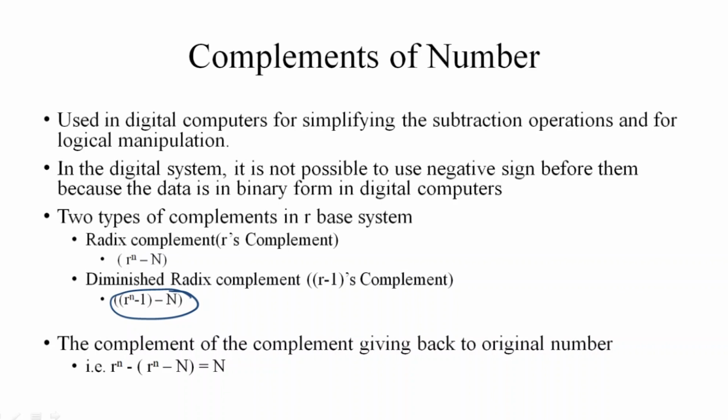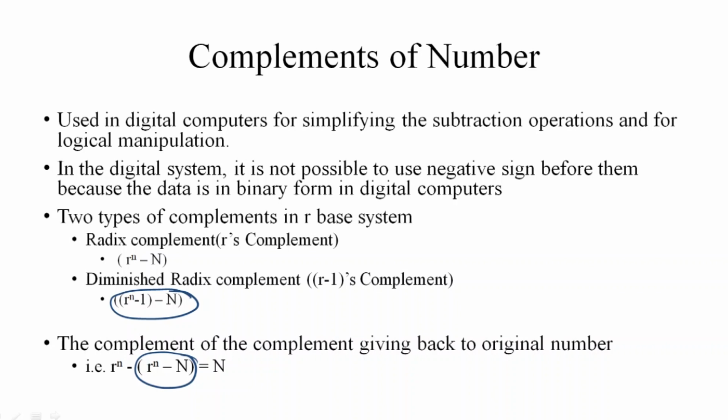Another point here: the complement of a complement gives back the original number. If we take the complement of N two times, first taking the complement of N and then again taking the complement, it is equivalent to the number N. First we take the complement, which is R to the power n minus N, and then we take the complement of this complement, which is R to the power n minus (R to the power n minus N).